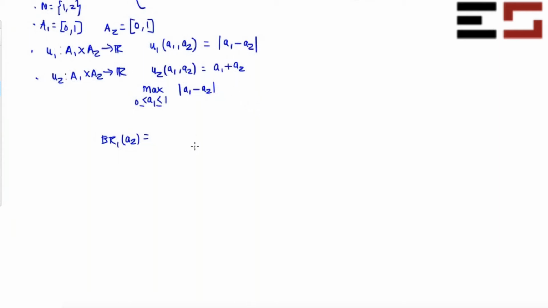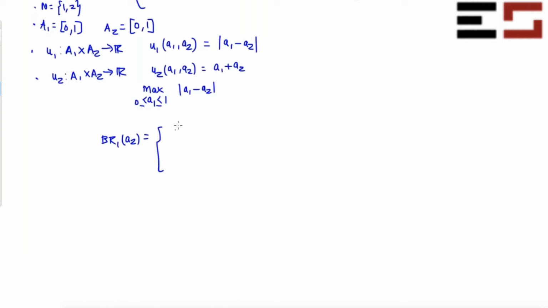Okay, that's very good. There is only one catch: when a2 is 0.5, then there are two best responses, both 0 and 1. That is why I said that you have to write the set. But you did it correctly.